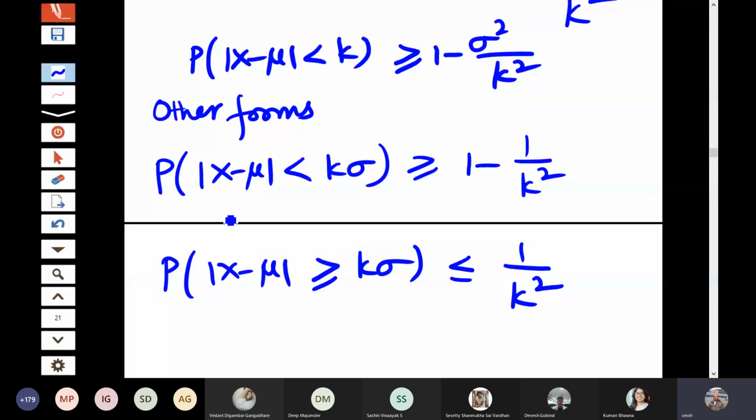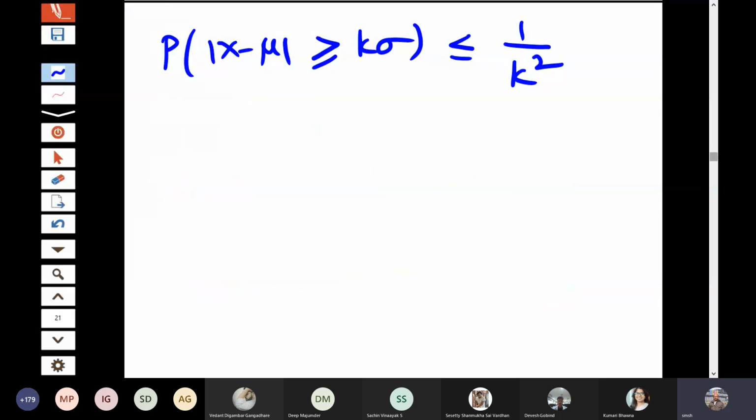Let me look at the last two expressions and consider the interpretation by taking some specific values. Let us take k equal to 1.